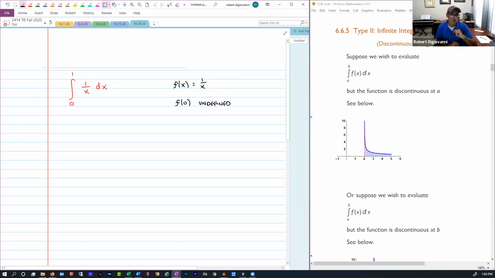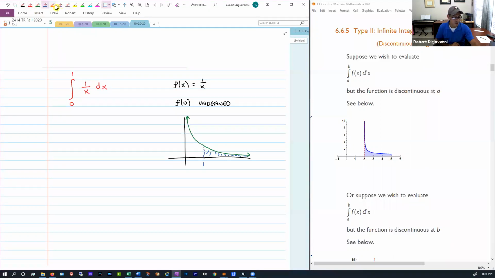And therefore, if we're trying to think about the area there, the graph of this function, at least to the right of the y-axis, looks like this. Last class, we were saying, what happens if we start at 1 and try to find that area? But now this question is saying, don't look to the right of 1.